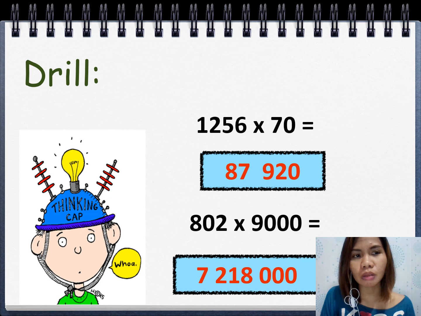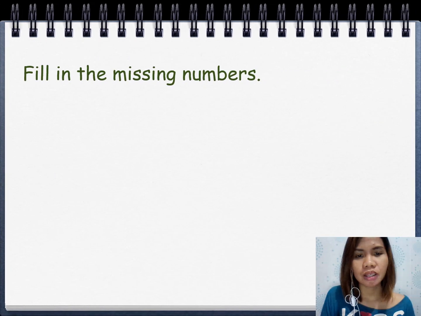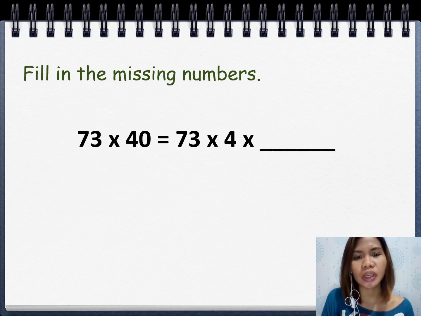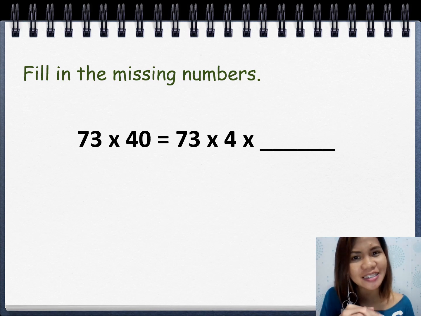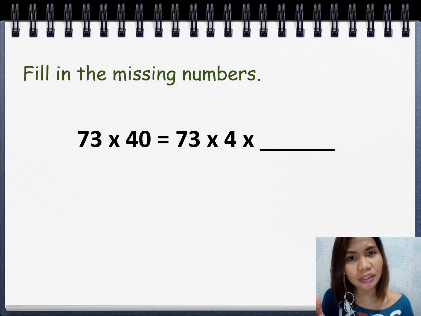So I hope you got the idea, the method, how to multiply a number that is a multiple of 10, 100, and 1,000. So fill in the missing numbers. Okay, so 73 times 40 is just the same as what?